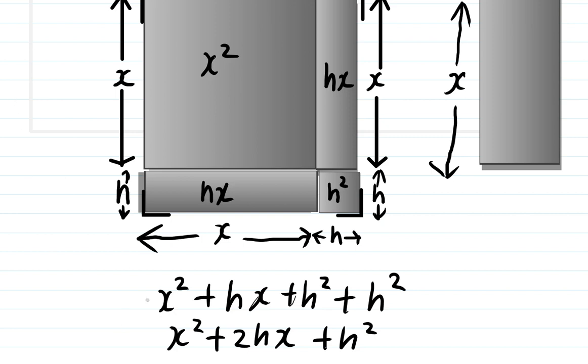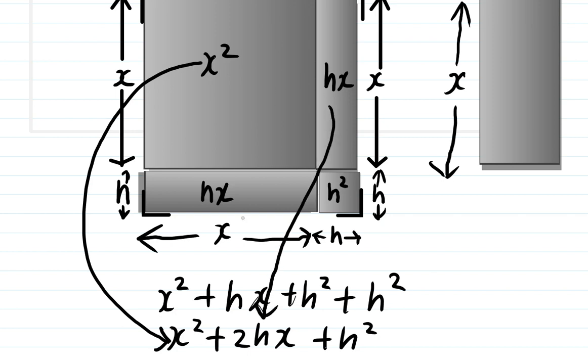Remember now, this square has the x squared. These two come together to get the 2hx, and this square at the corner here, at the bottom right hand corner, is the h squared.